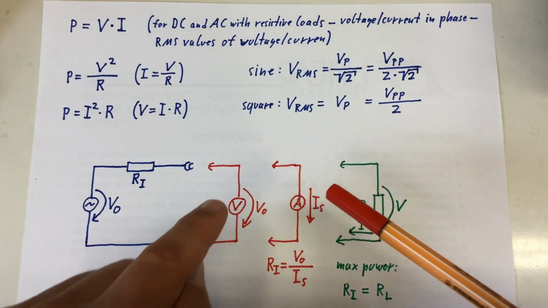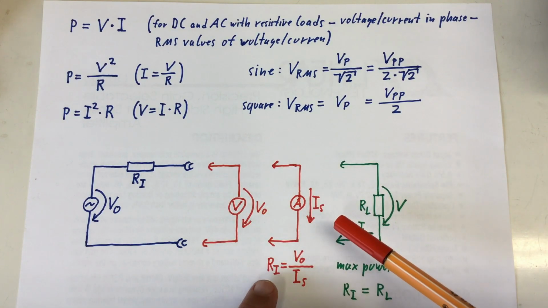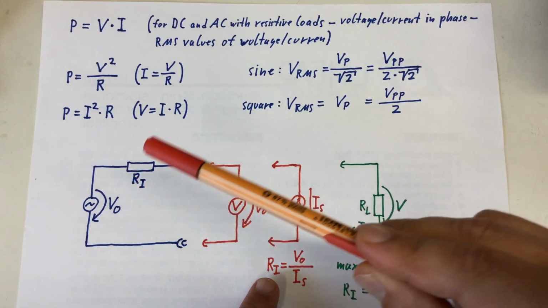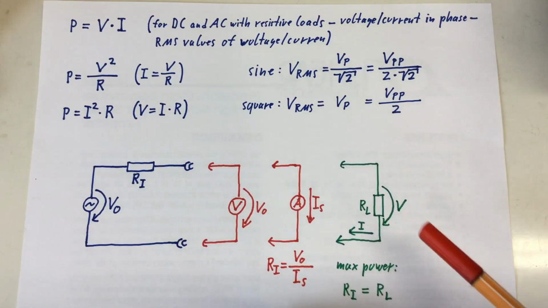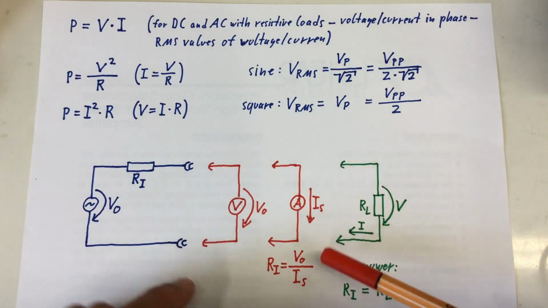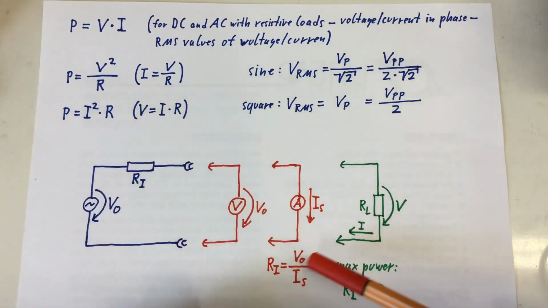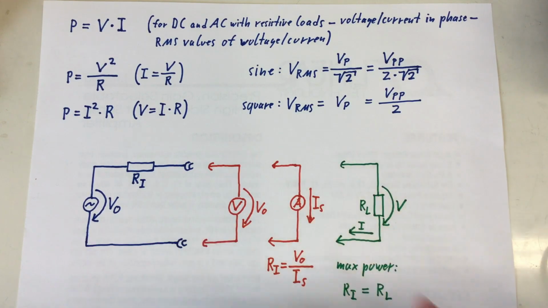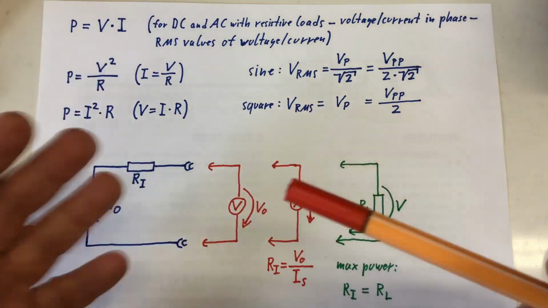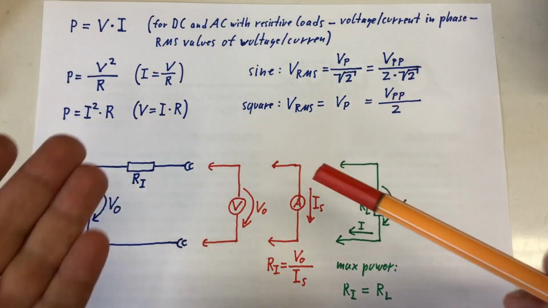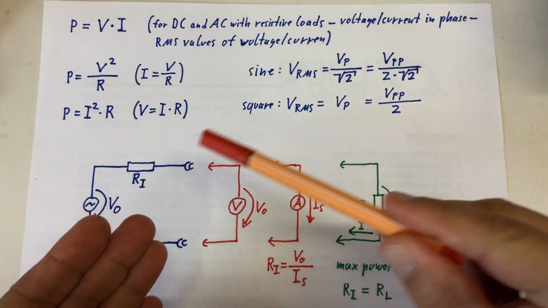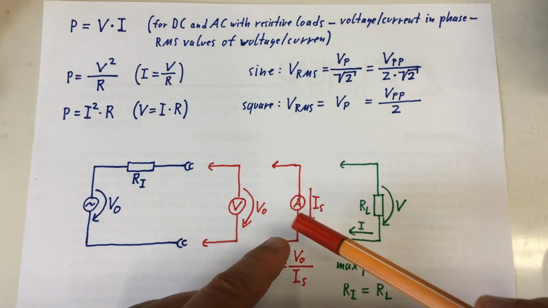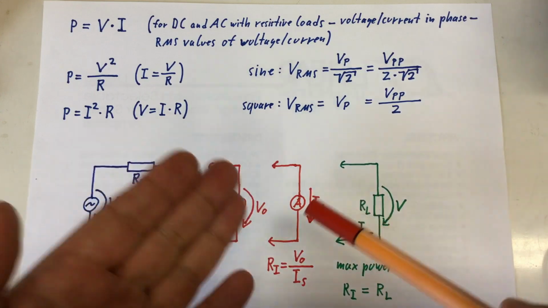But if we measure both of these values, we can actually calculate the actual internal resistance of the voltage source, which is the voltage without load divided by the short circuit current. In either case, we are not measuring any power because either we have, ideally, no current flowing if we use a voltmeter, or we have no voltage drop if we use an ampere meter.